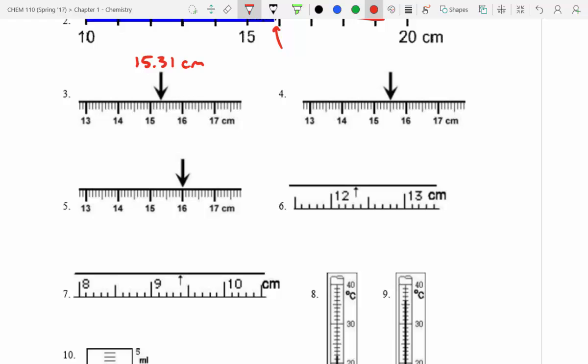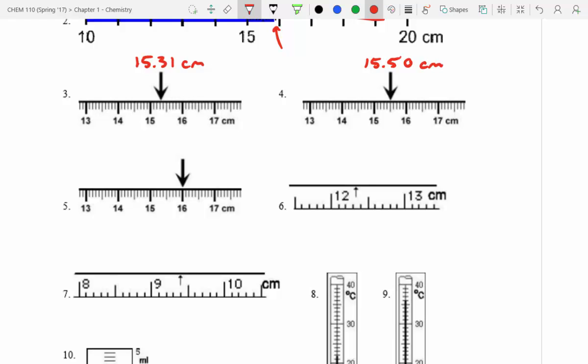What about 4? Does anybody want to help me with that? It looks like it's right at 15.5, but should I list it as 15.5 or 15.50? 15.50, right? You want to estimate to the hundredths place even if it looks like it's dead on that hash mark. So this would be 15.50 centimeters.